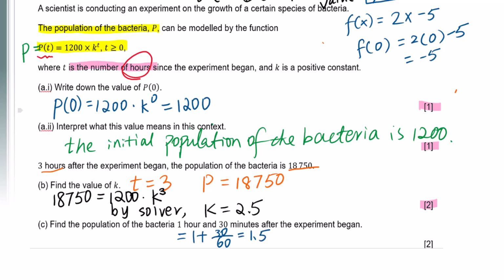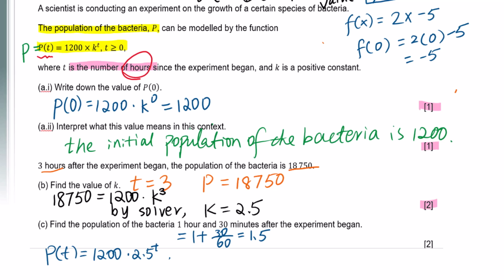Since we already figured out k, we will rewrite this function. P of t equals 1200 times 2.5 to the t-th power. In this situation, we just need to substitute 1.5 for t.